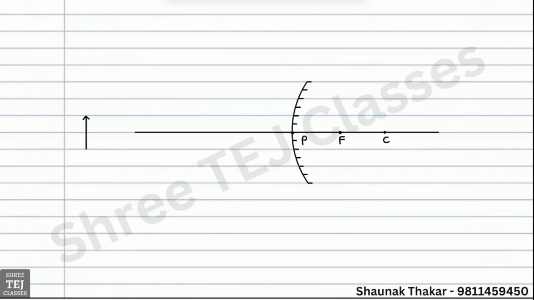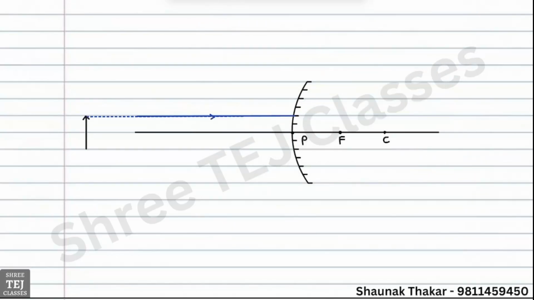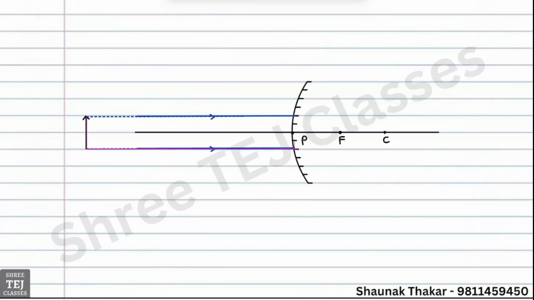So let us see. This is the incident ray. Let us slightly extend it. Because it is coming from infinity, let us use dotted line. Similarly, we will have an incident ray coming from bottom of the object.